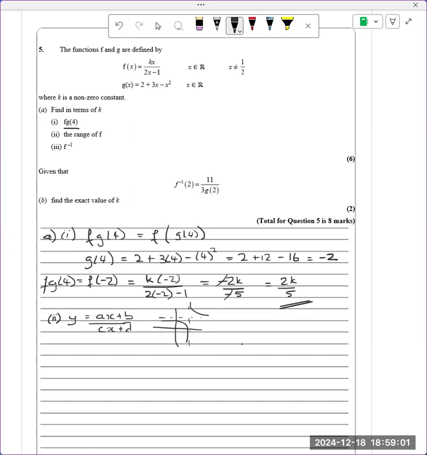So in this particular question, we've got f of x is kx over 2x minus 1. And we're already told that x is not equal to a half. That's because x equals a half gives us a 0 on the denominator. So that's where our vertical asymptote is going to be, at x equals a half. I'll come back to that later because it's really important.